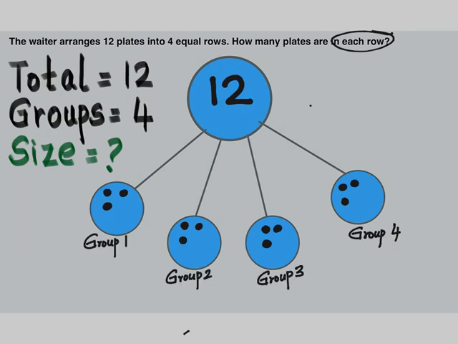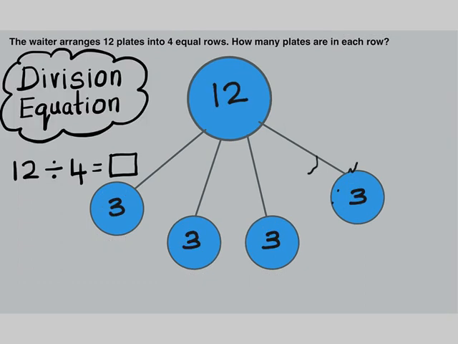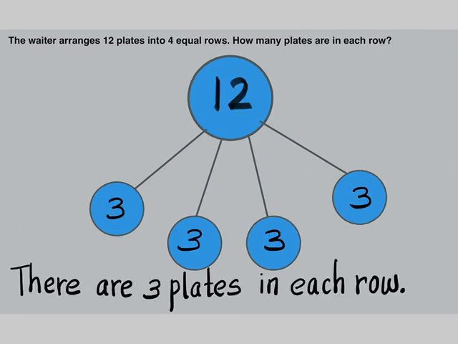When we divide 12 into 4 groups, look at the groups. Each group has 3 in it. So the size of each group is 3. So the division equation 12 divided by 4 equals 3. The size of each group is found to be 3.